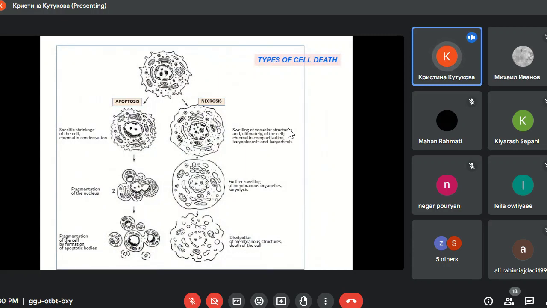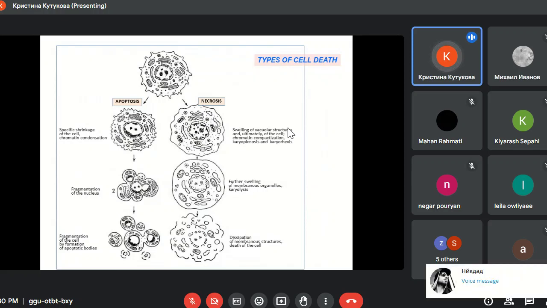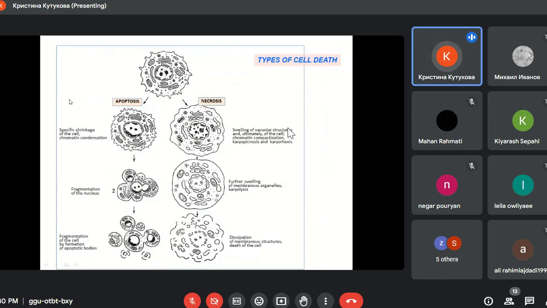During cell death, we have two types actually of cell death: apoptosis and necrosis. Apoptosis is the programmed cell death. It is when it is needed for a cell to be dead, and it uses ATP molecules to perform these changes during cell death, and the cell is fragmented and disintegrated into smaller particles, which are usually taken by the adjacent cells.